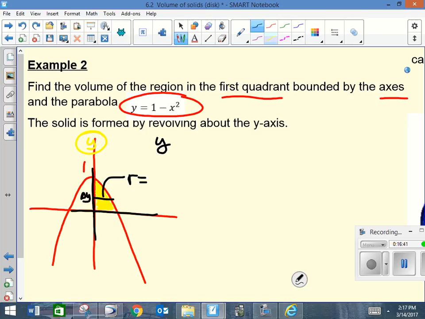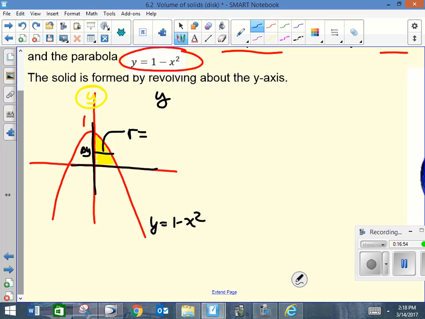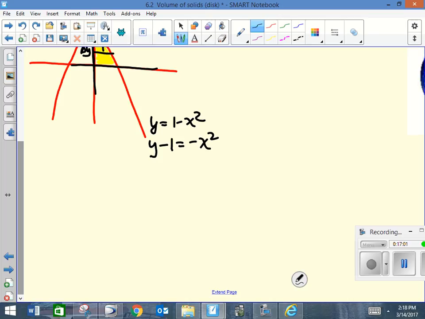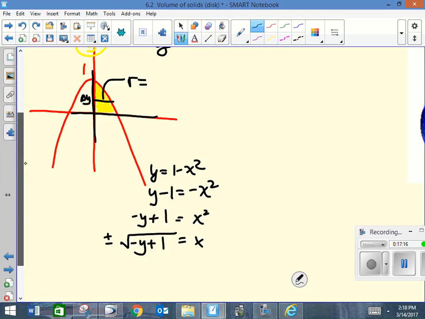We're going to have to switch it because this is in terms of x. So what are we going to do to switch y equals 1 minus x squared to terms of y? Solve for x. y minus 1 equals negative x squared. Positive x squared equals negative y plus 1. And then x equals the square root.